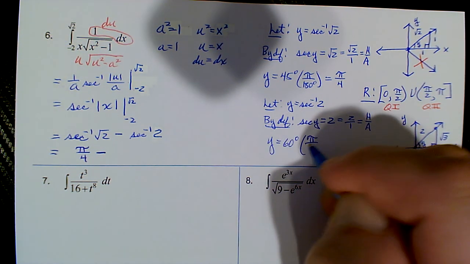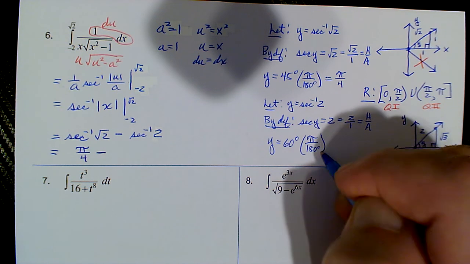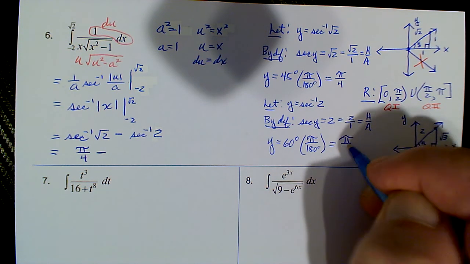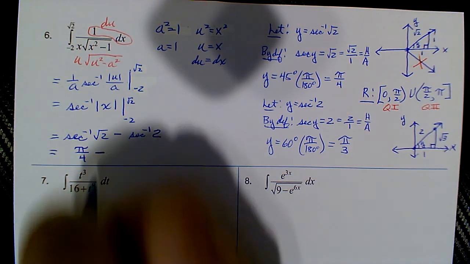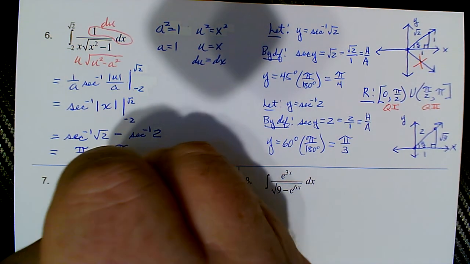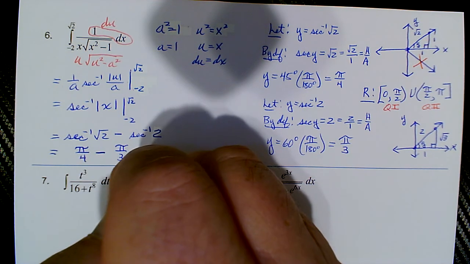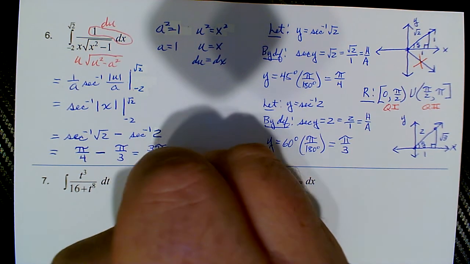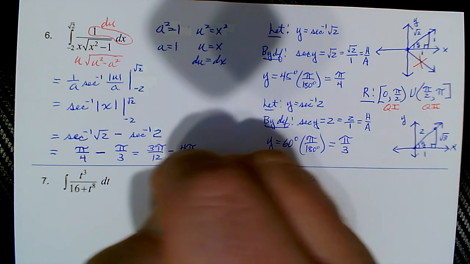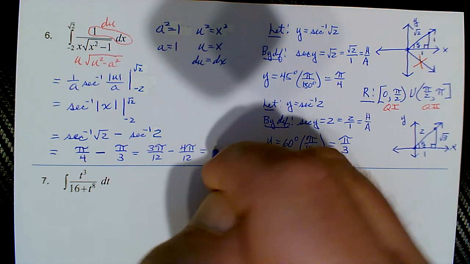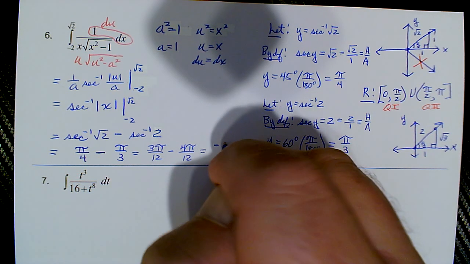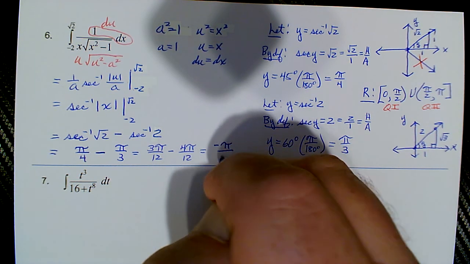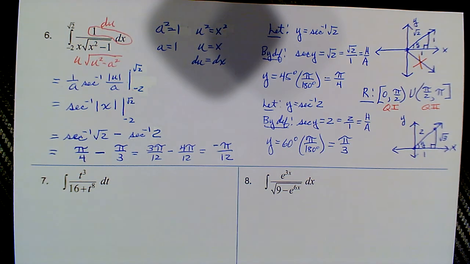Unit conversion, pi over 180 gives us pi over 3. So we have pi over 4 minus pi over 3, common denominator of 12, 3 pi over 12 minus 4 pi over 12 gives us negative pi over 12.